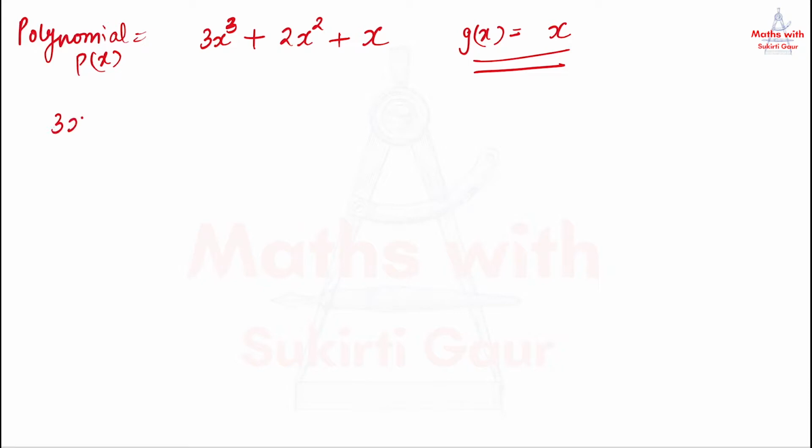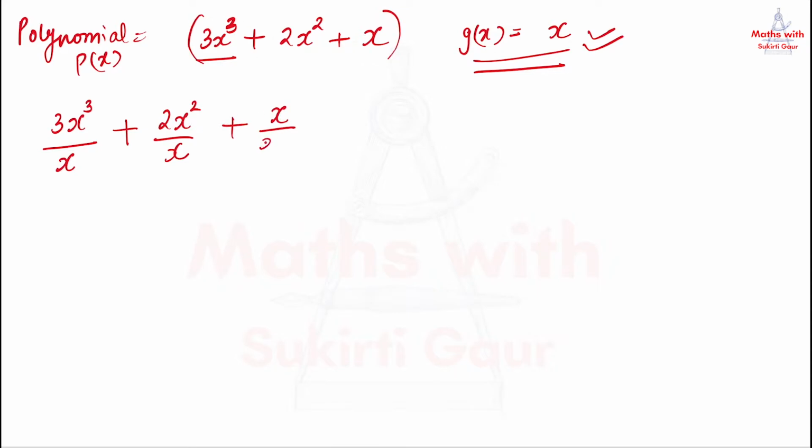How will we do this? First term of this polynomial is 3x cube, divide it by x, plus 2x square divided by x. This monomial is going to divide this whole polynomial, plus x by x. This is how we divide. Now what will happen?